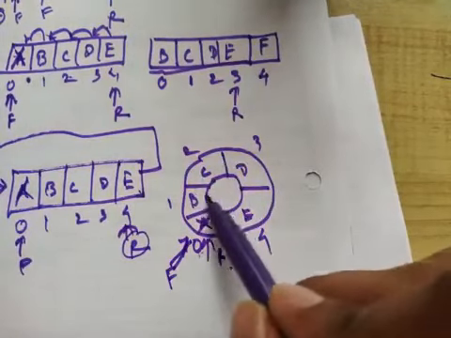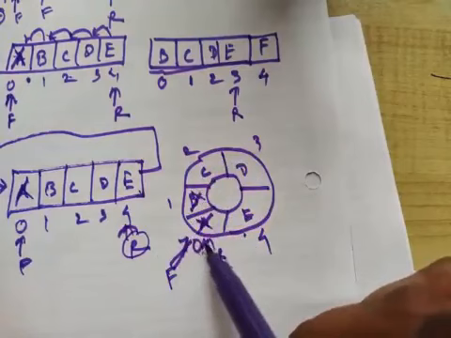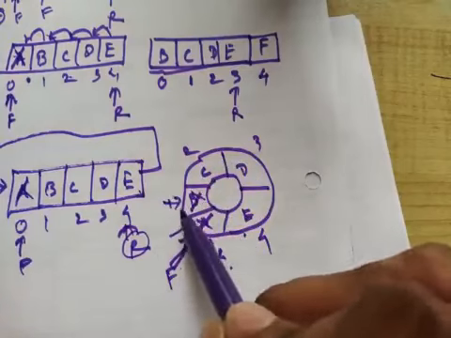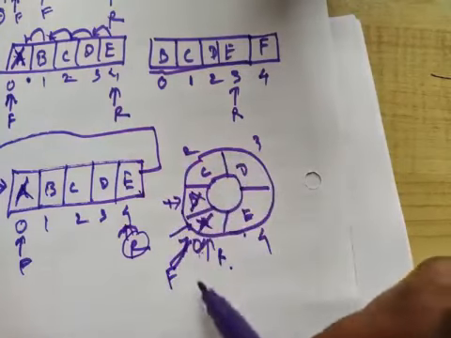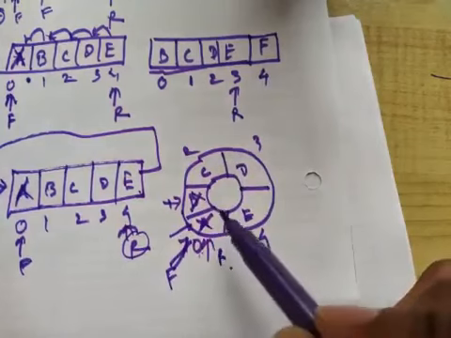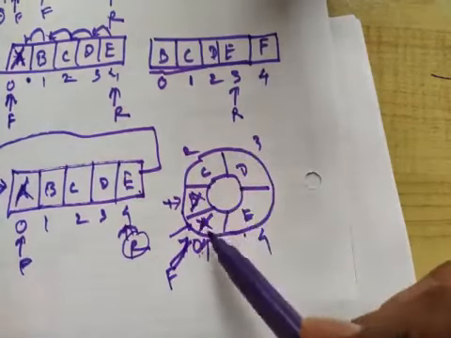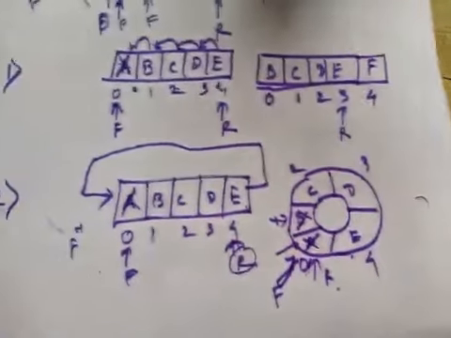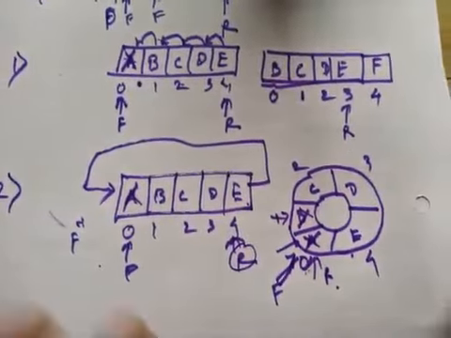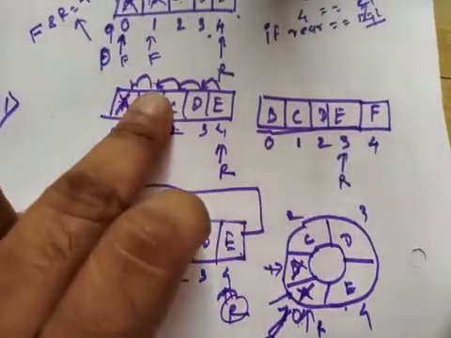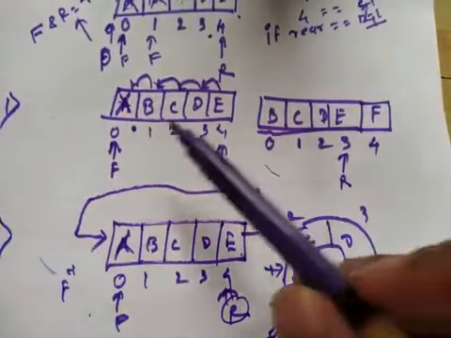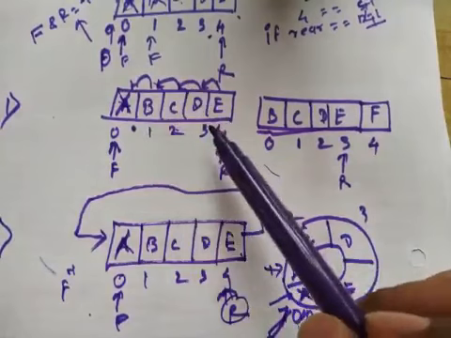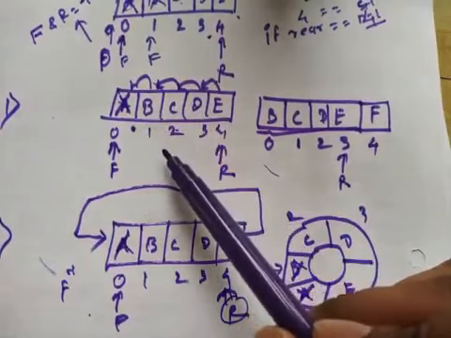If you delete this one, you can again increment your rear by one position, so you can efficiently utilize this memory location, and you don't need to shift all elements by one position. So these are the two solutions for the first problem. First, we shift each and every element by one position if we delete an element from the queue.